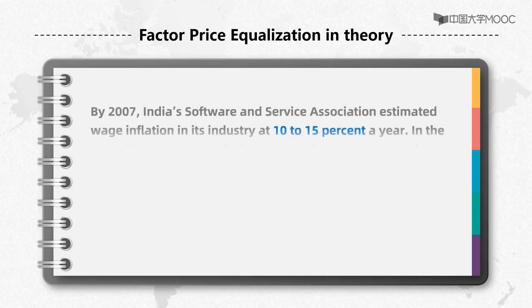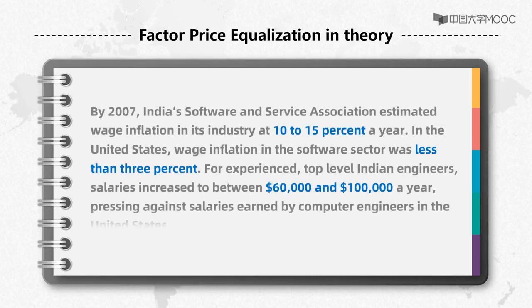By 2007, the India Software and Services Association estimated wage inflation in its industry at 10 to 15% a year. In the United States, wage inflation in the software sector was less than 3%.